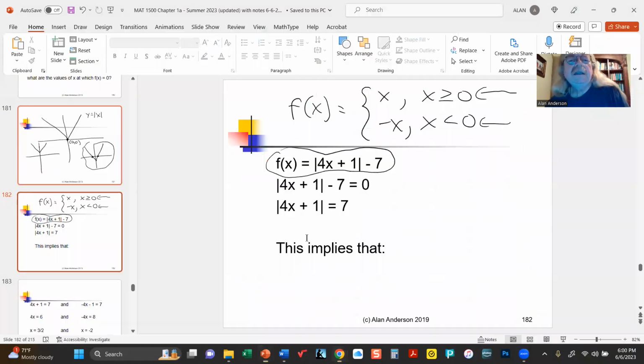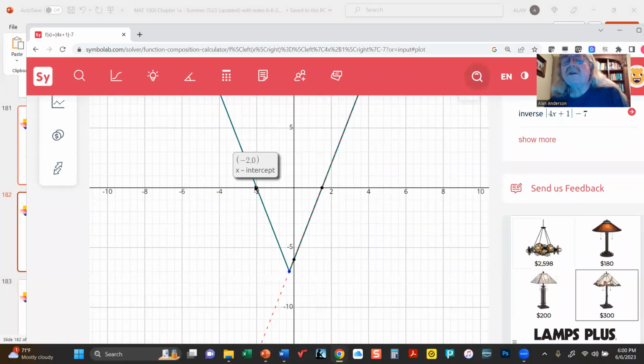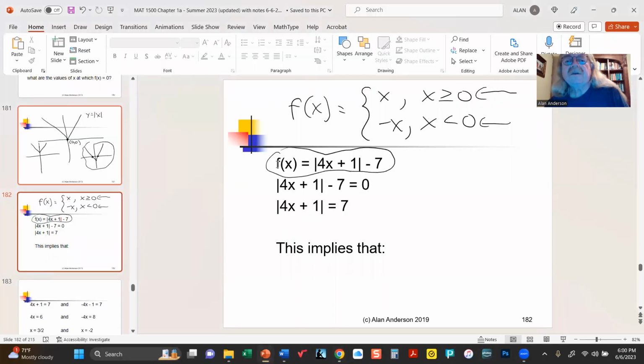Okay. How did we find that? So we rearranged. Now, remember too, when we say we're finding the solutions of the function, we're trying to figure out where they cross the horizontal axis. In other words, we want to know where y equals 0. Okay, so we set f of x equal to 0. So what you've actually done here is set 0 equals absolute 4x plus 1 minus 7.